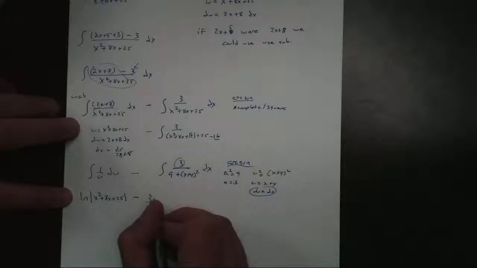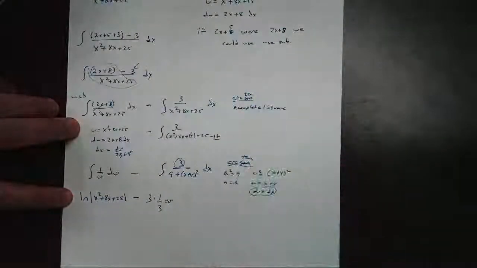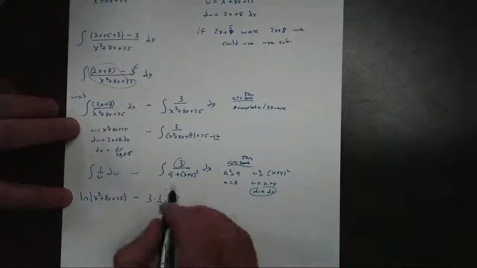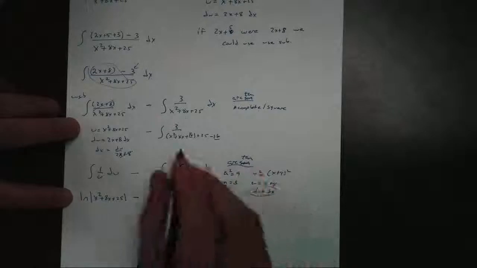This becomes times 1/3, 1 over a, arc, I'm sorry, not arc sine, that's arc tangent. Oh my gosh, please, that's arc tangent, not arc sine. So you get 1/3 arc tangent of u, x plus 4 over a, 3, plus c1.